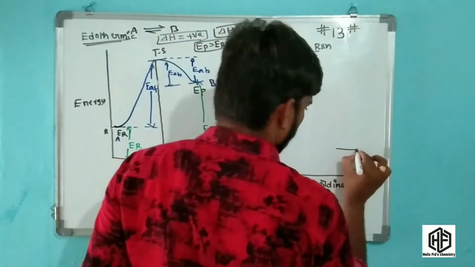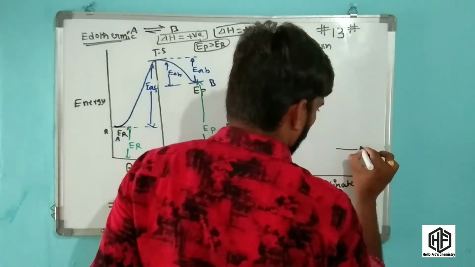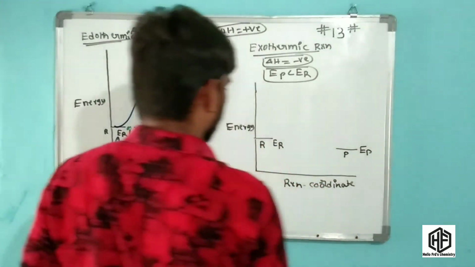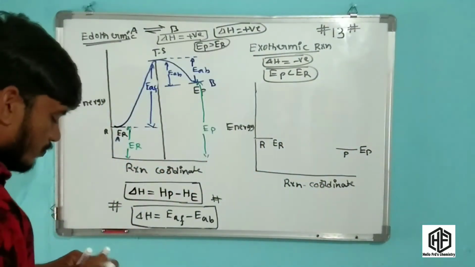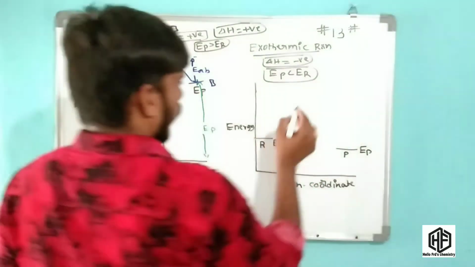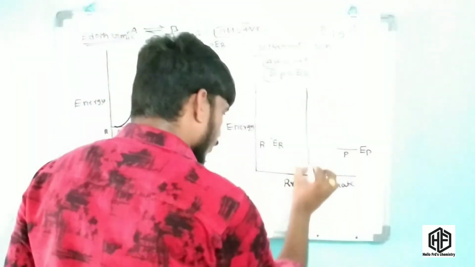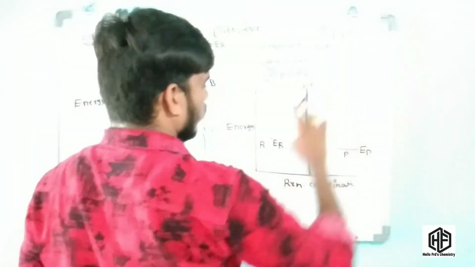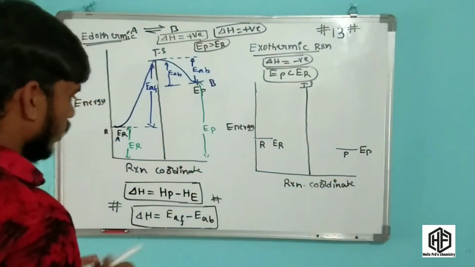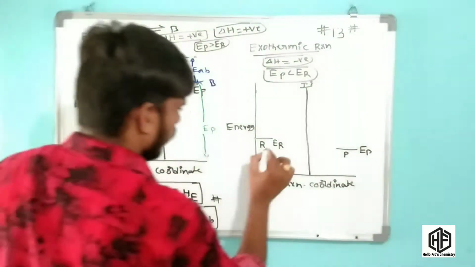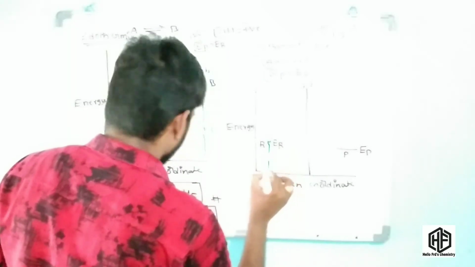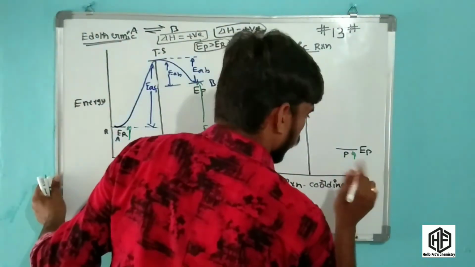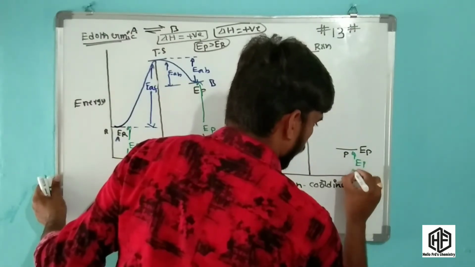This is the product energy, called EP. This is the reactant energy. Now this is the minimum amount of energy in the transition state. This energy is called the threshold energy.